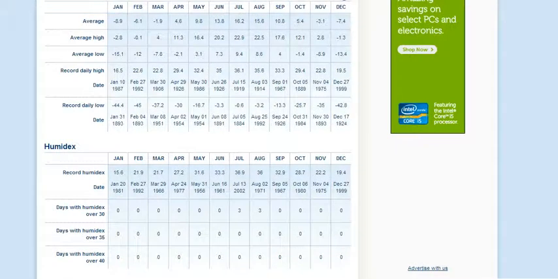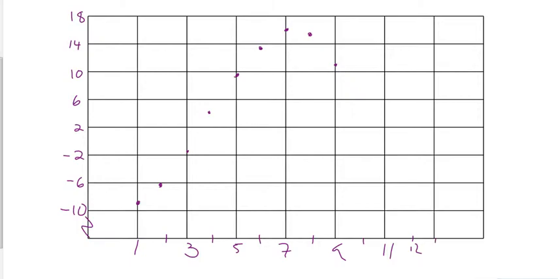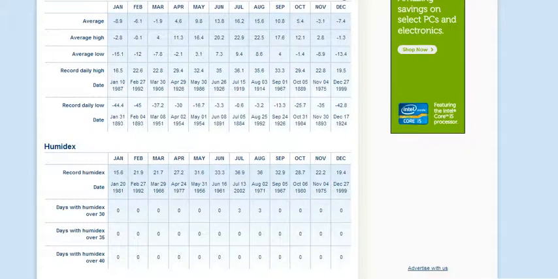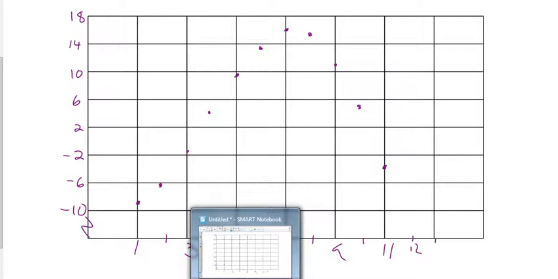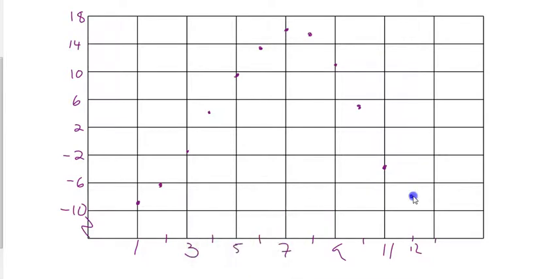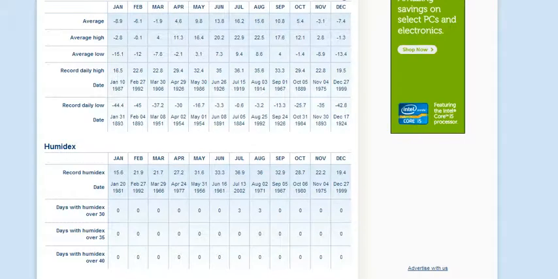Wow, really cools down from September to October, right? 5.4. Negative 3.1. And negative 7.4. Okay, so we'll go back here so you can finish it off.